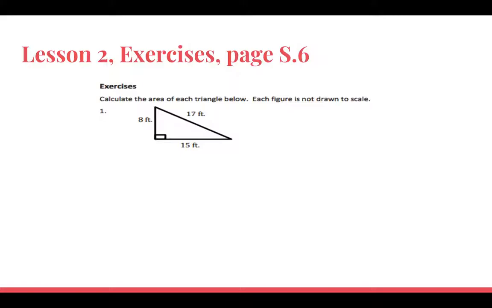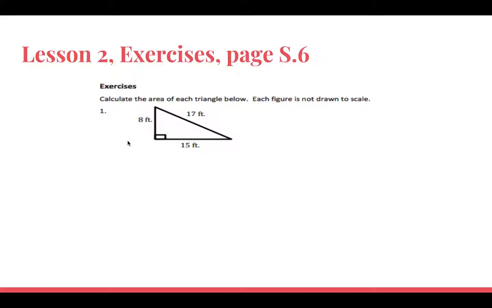On page S6 is where your exercises start, and we're just going to work on the first one together, and then you'll move on and do the rest on your own. You are being asked to calculate the area of each triangle below. Each figure is not drawn to scale, so this little triangle is not 8 feet tall.